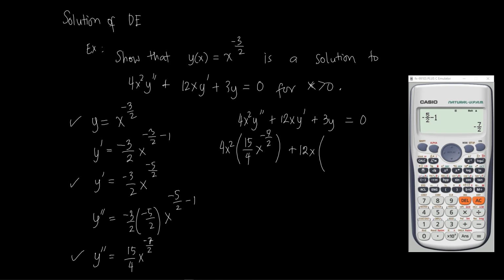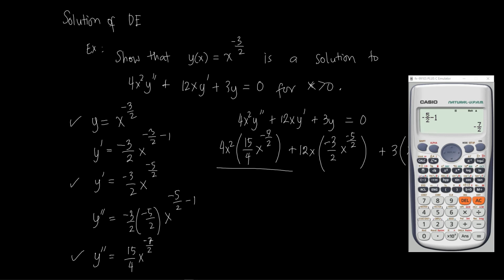Yung y prime natin, substitutean natin ng ganito. Negative 3 over 2 x raised to the power of negative 5 over 2. Then, yung y natin, isubstitute natin ng ganito. Okay, so we have x raised to the power of negative 3 over 2. Then, check natin if that equates to 0.